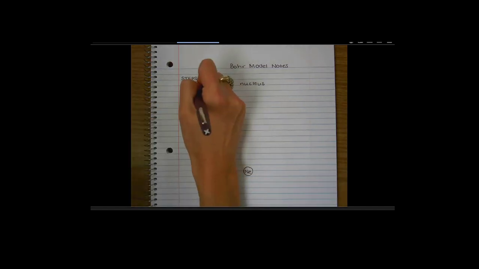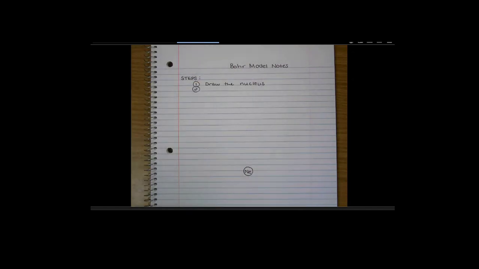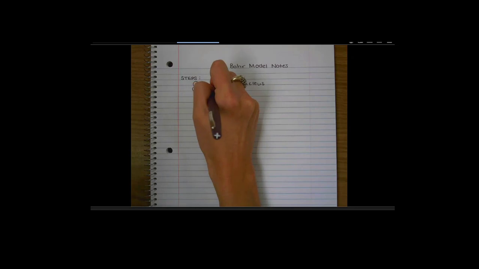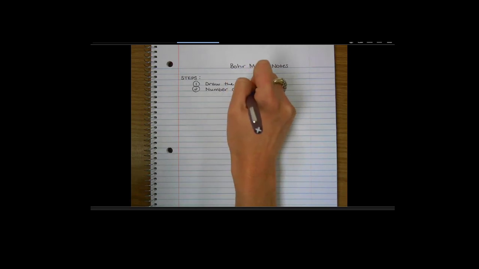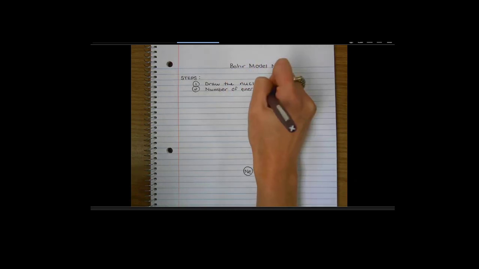Step two, you are going to find the number of energy levels. Now, energy levels are what the electrons sit on. So I want you to think about the solar system. Think about the sun as your nucleus.